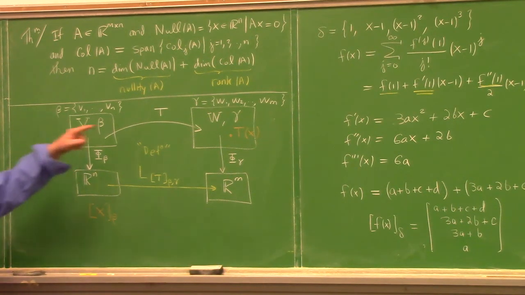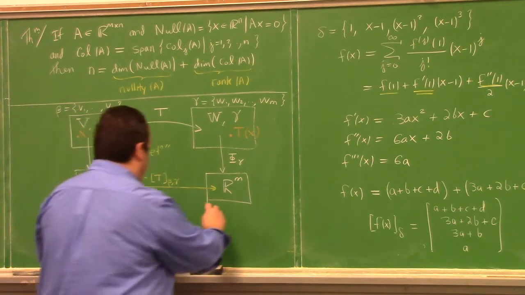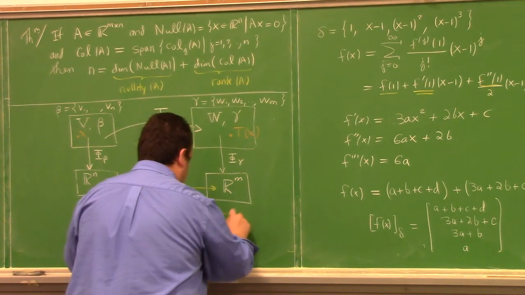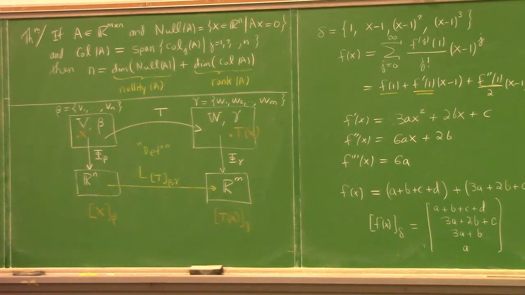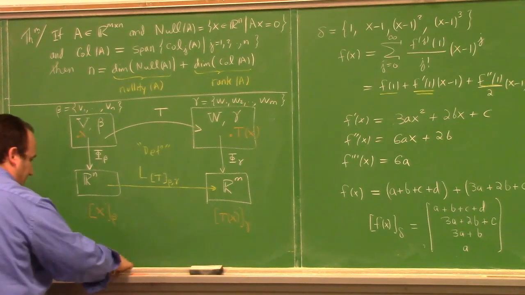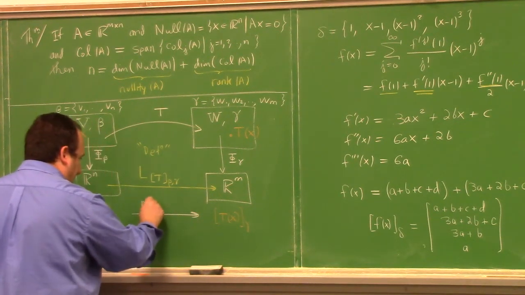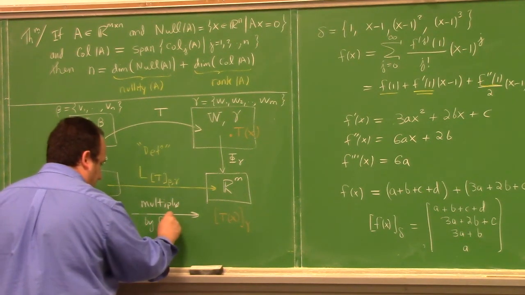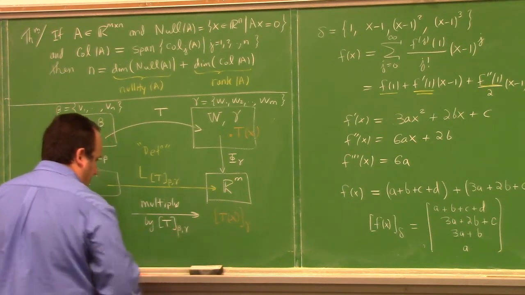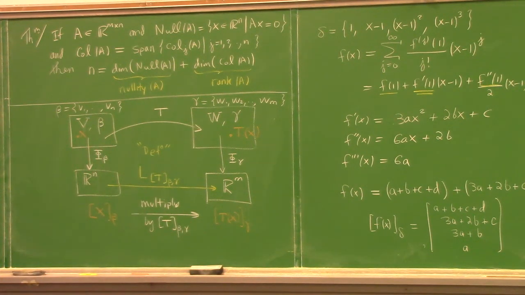On the other hand, over there, I have the coordinate vector of Tx with respect to the gamma basis. The matrix of T with respect to this pair of bases is the matrix which is needed to multiply from this guy to that guy. In other words, if I multiply by T beta gamma, that gives me essentially the definition of T beta gamma implicitly.